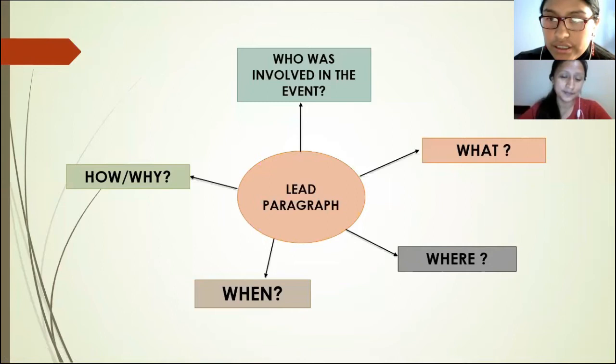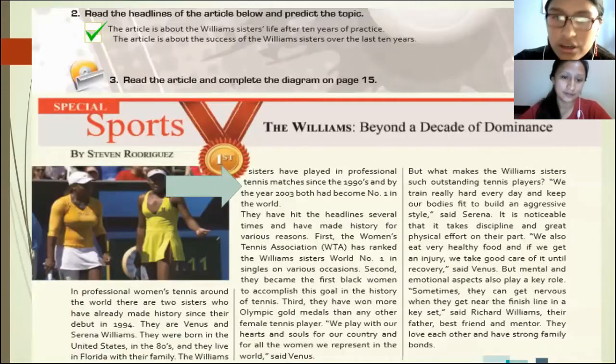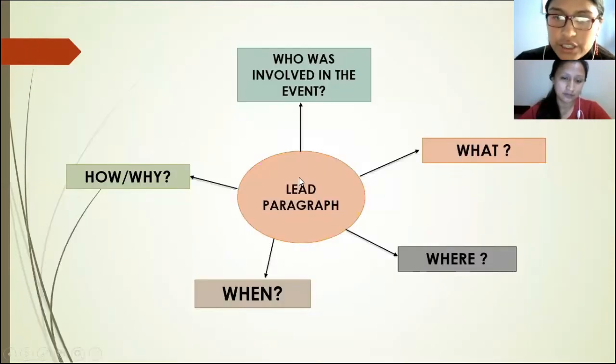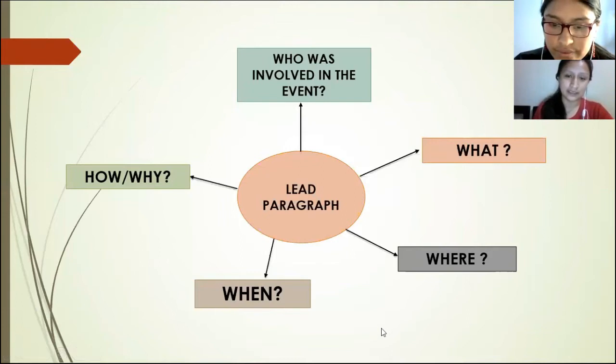So the article is this. You're going to read just the lead paragraph. As you know, the lead paragraph is the first paragraph of an article. So in this case, here we have the lead paragraph, right? So try to answer all of these WH words, please. Okay. Now, is it clear? Yes, teacher. Please try to do it.